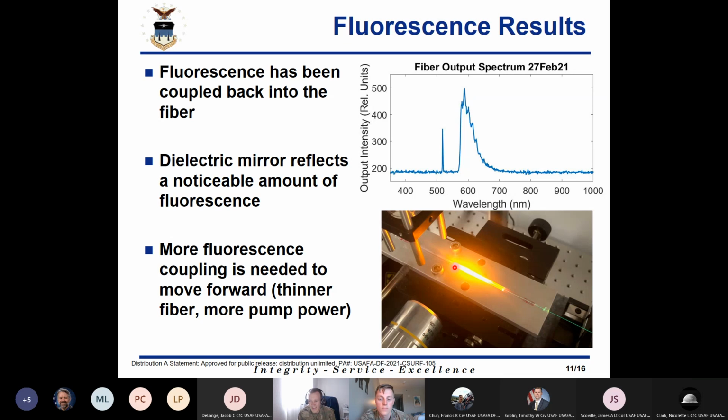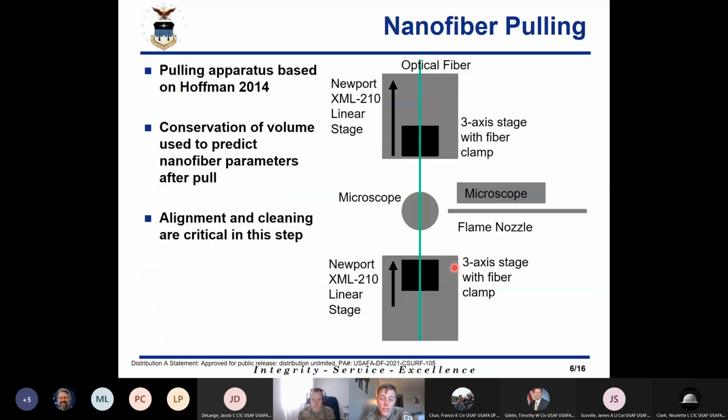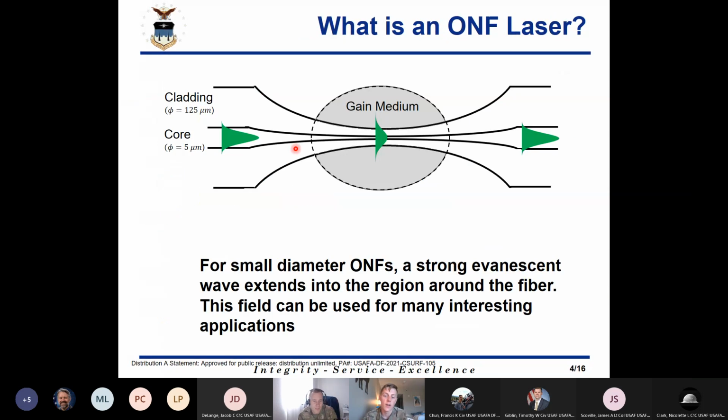Okay, well, so Zach, how far does the evanescent wave extend outside the fiber? So that extends about 250 nanometers outside of the fiber. When the laser is within the core, that extension comes out into the cladding just a little bit, and you're essentially seeing nothing outside of the fiber.